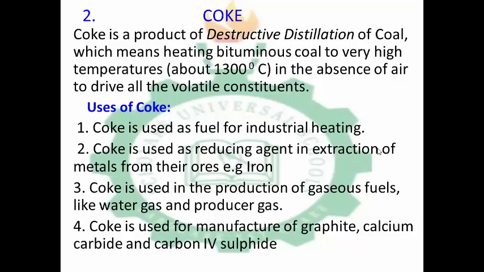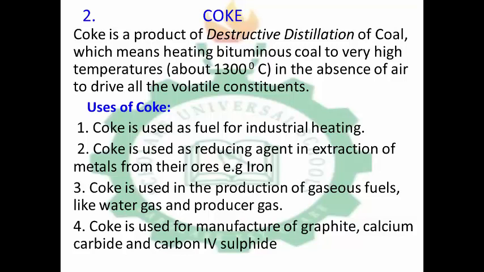Coke is also used in production of gaseous fuel such as water gas and producer gas. Note that water gas contains carbon monoxide and hydrogen, whereas producer gas contains carbon monoxide and nitrogen.